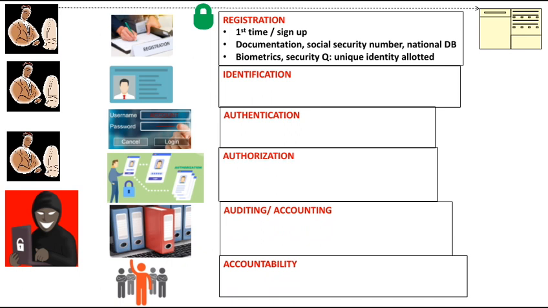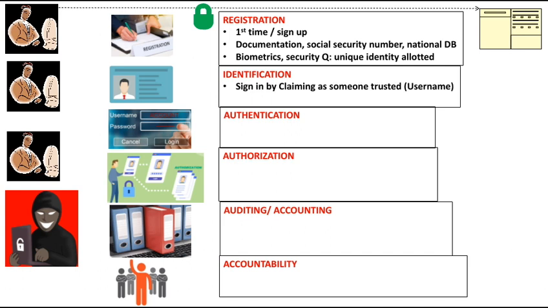Now after verifying all your credentials and documentation, your biometrics are taken by the system for future use, and you are also asked to set up security questions in case you want to reset your password in future. So after performing all these steps of registration, you are allotted a unique identity.